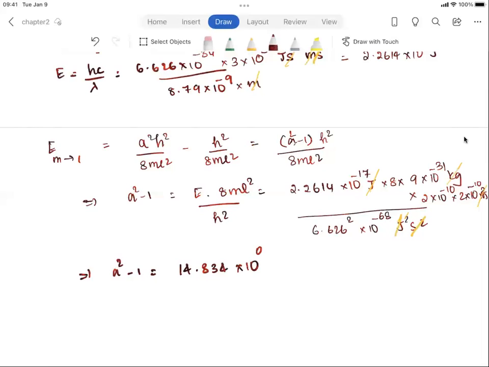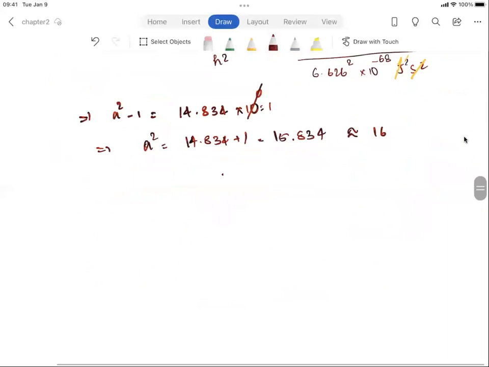Yep, 10 to the power 0, so this is just 1. That implies A squared is going to be 14.834 plus 1, which is 15.834, approximately 16, right? So the value of A is going to be 4. So the transition happens from the energy level 4 to the ground state, which is the quantum number n equals 1.